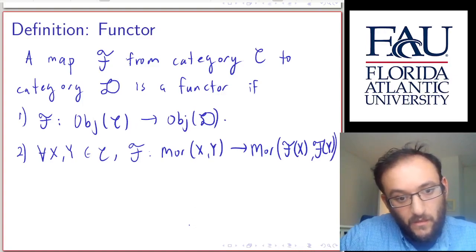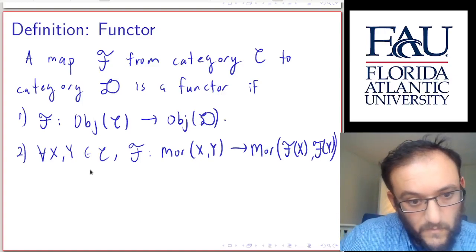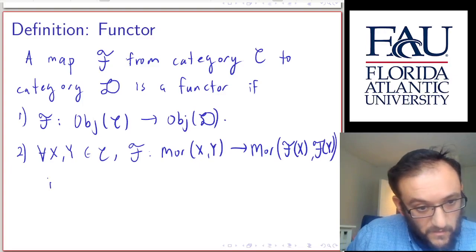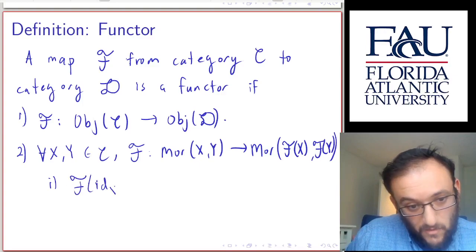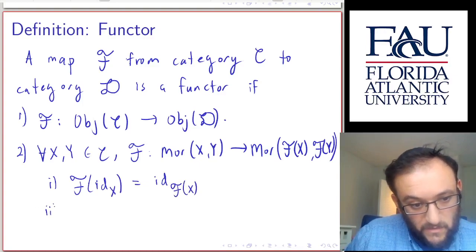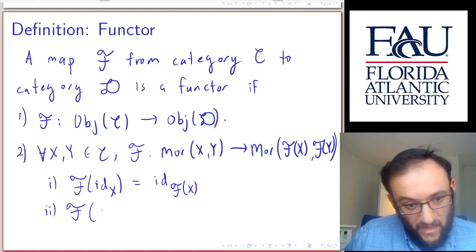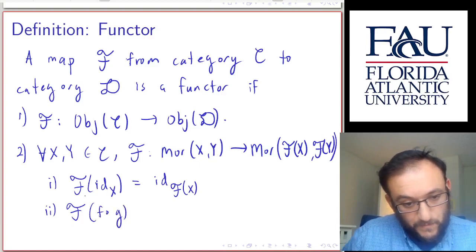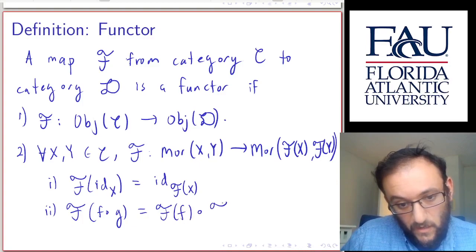And this has to satisfy the following. This has to first take the identity map to the identity map on the new object, and it has to take the composition of two maps to the composition of the corresponding morphisms in the target category.